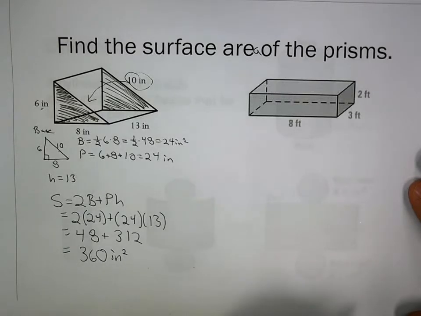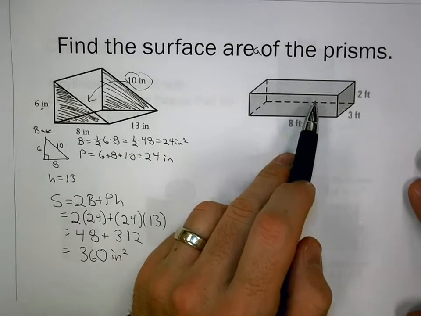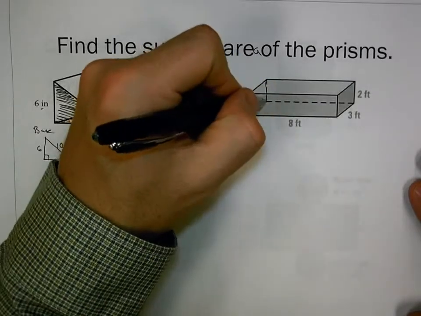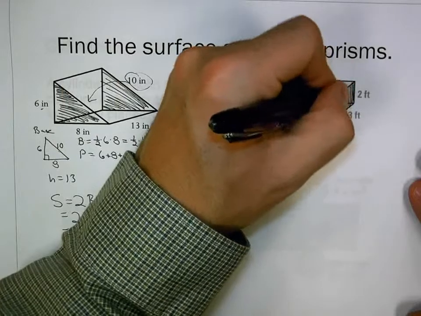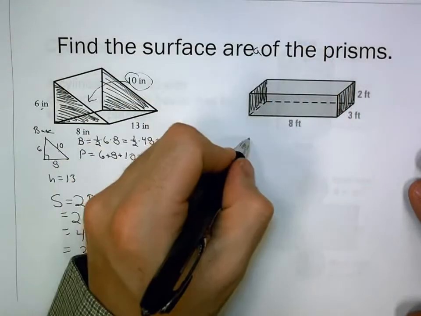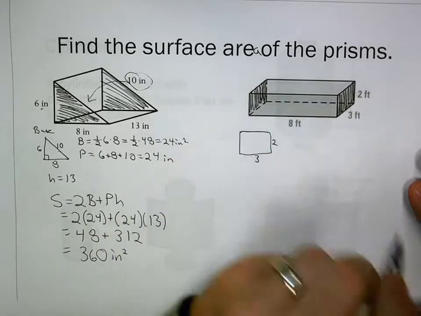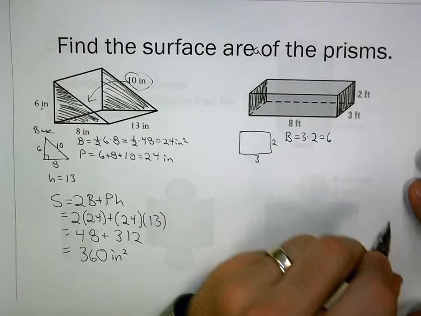Next we have a rectangular prism. Now we have options in a rectangular prism for which ones are the bases. If we chose the bottom and the top, that'd probably be the most common choice for the bases. But to do something different, let's say that these are the bases we choose, kind of like that triangular prism we just looked at. If I do that and I draw my bases, my base area is 3 times 2, or 6.